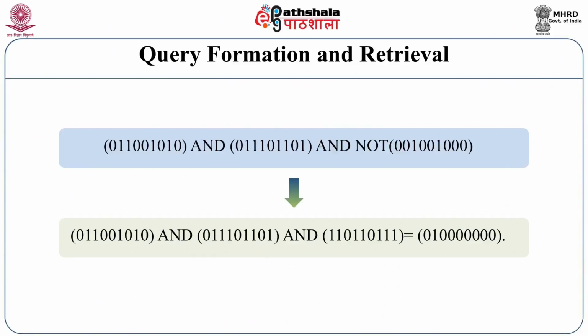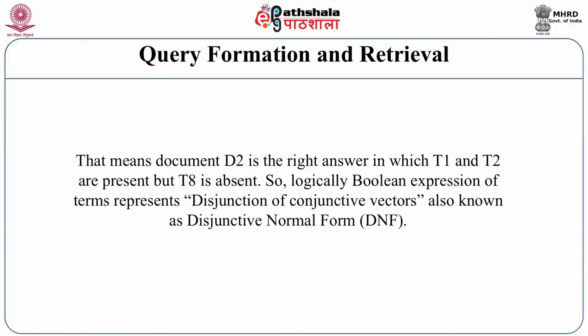That means that document number 2 is the only document where the terms T1 and T2 are present but T8 is absent. So for retrieval from this Boolean logic, I am retrieving the document D2 as it is satisfying our query.